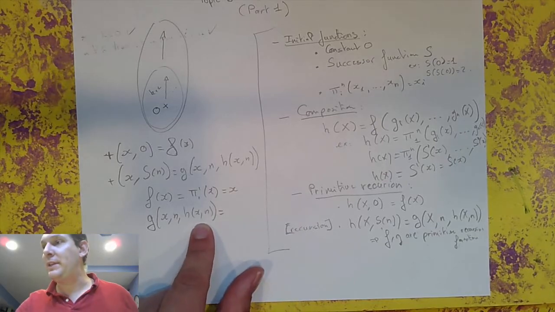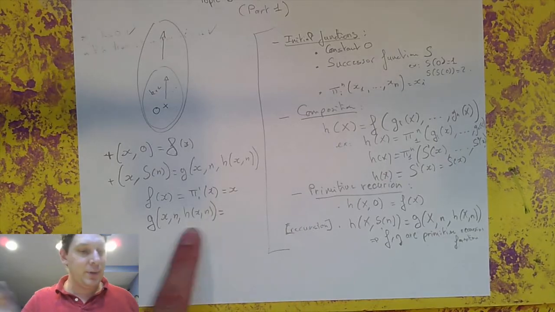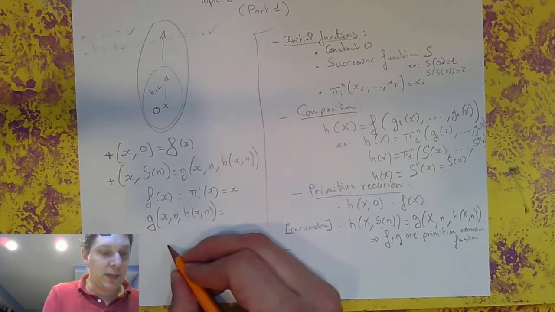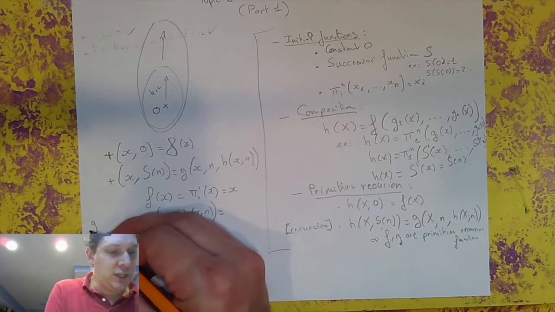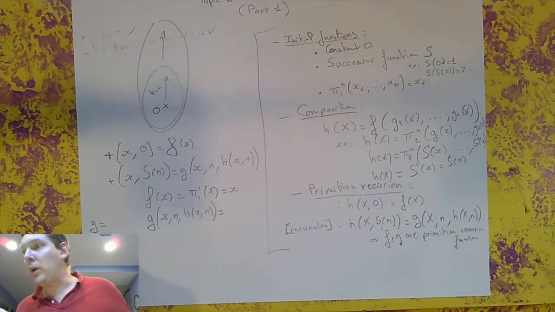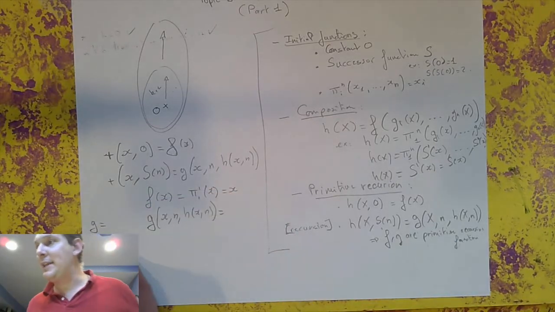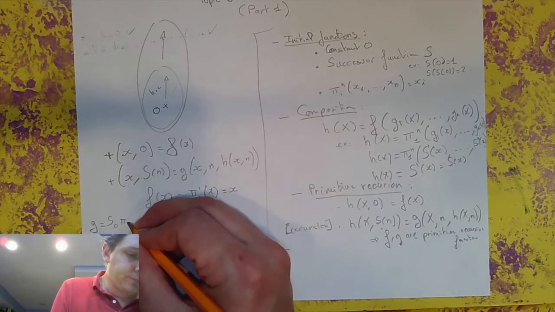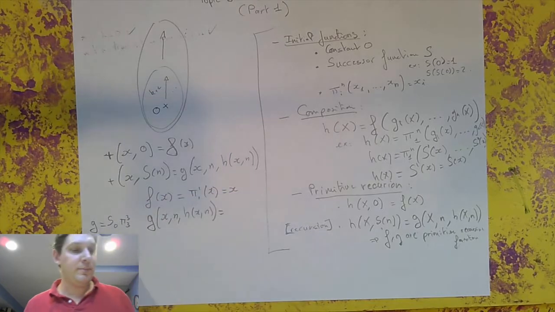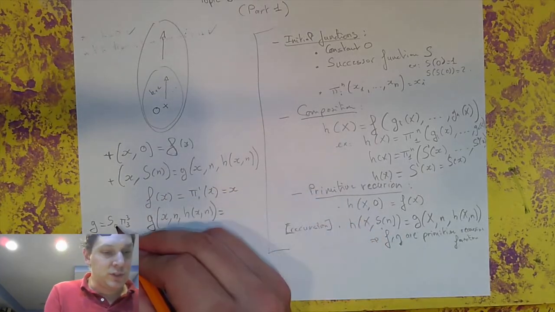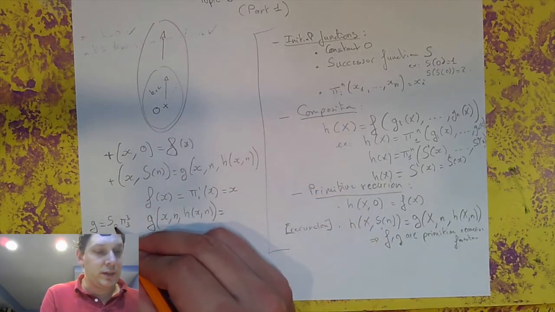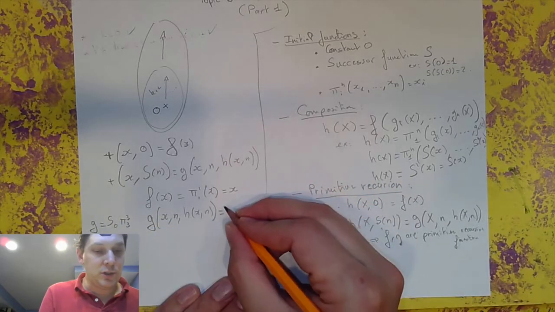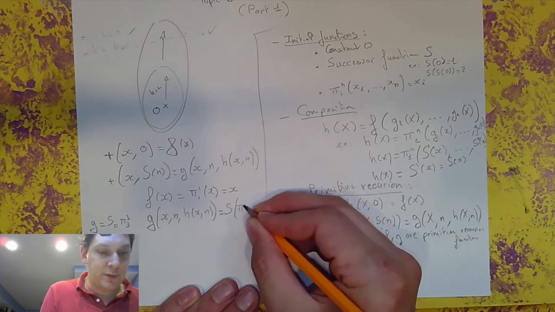So how is it going to be defined? Well, very simply, we're going to say g equals a composition of S and P33. The circle means composition, so I'm just composing S with P33.